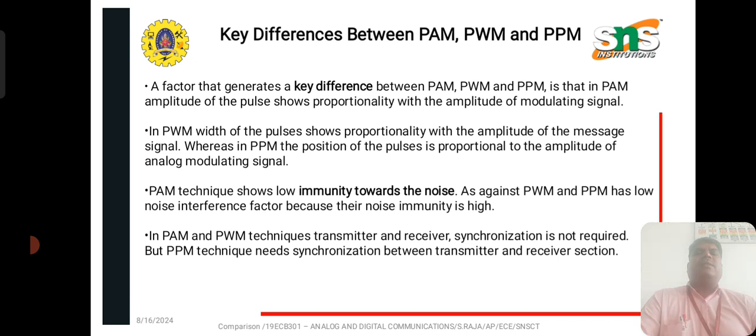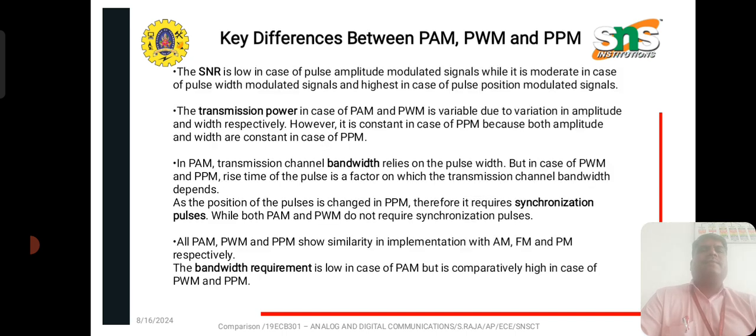PAM shows low immunity towards noise, as against PWM and PPM, which have higher noise immunity. In PAM and PWM techniques, transmitter and receiver synchronization is not required, but the PPM technique needs synchronization between the transmitter and receiver sections.